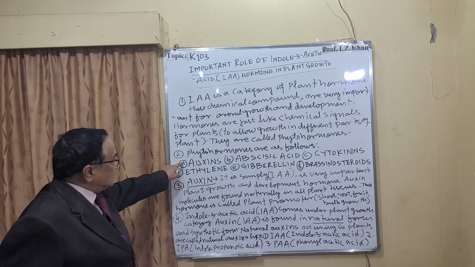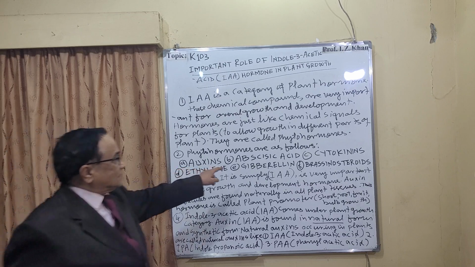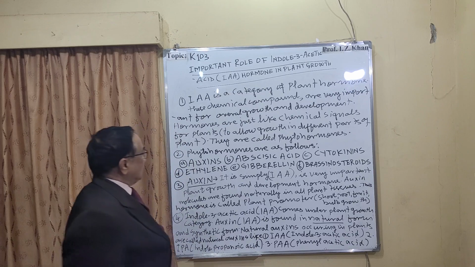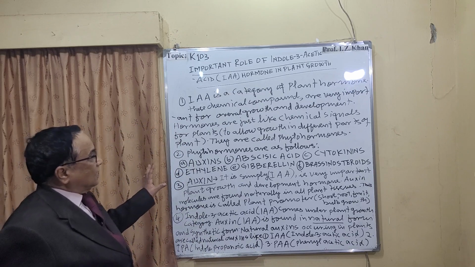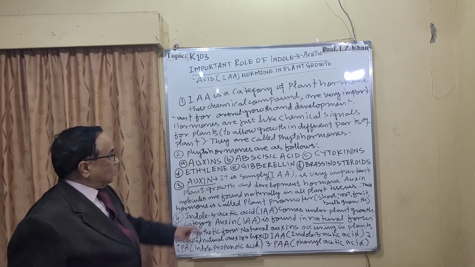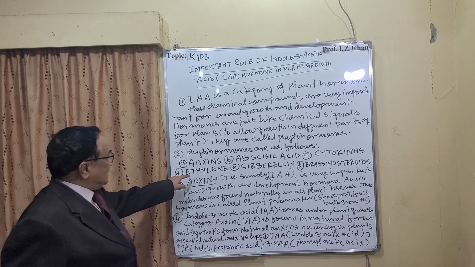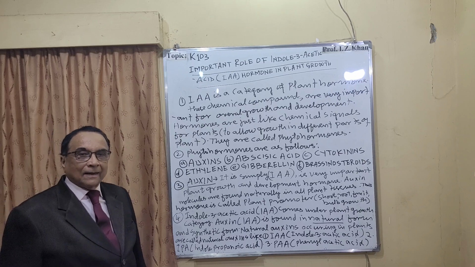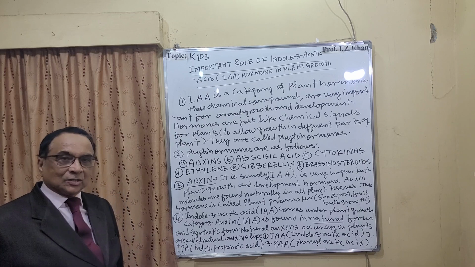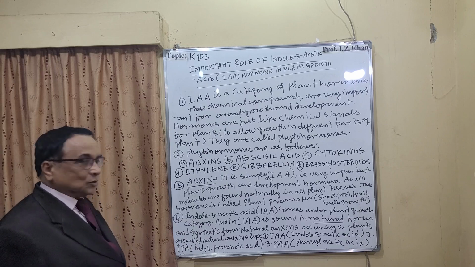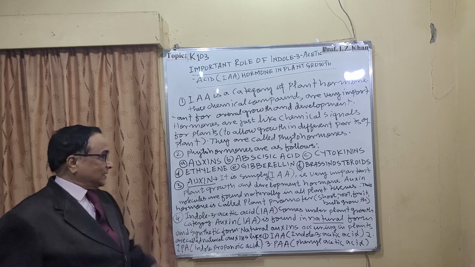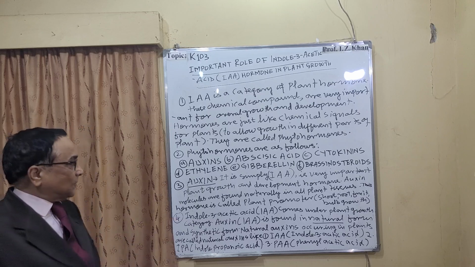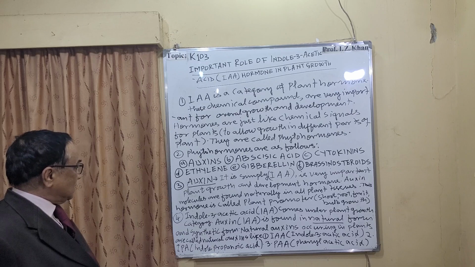So auxin, abscisic acid, cytokinin and gibberellin are plant growth hormones, and ethylene and gibberellin are plant stress or inhibitor hormones. So there are 2 types of hormones, growth and inhibitors. The inhibitor is also called stress hormone, which will take care of the stress of the plant.